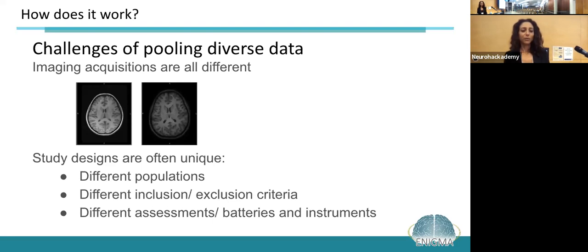A lot of times for how we're organizing this consortium, the study designs are different. They're all unique. Everyone was interested in a different population for their own study, for their own grant or pilot project. They have different inclusion-exclusion criteria. They might have used different assessments and different batteries for assessing a wide variety of traits.